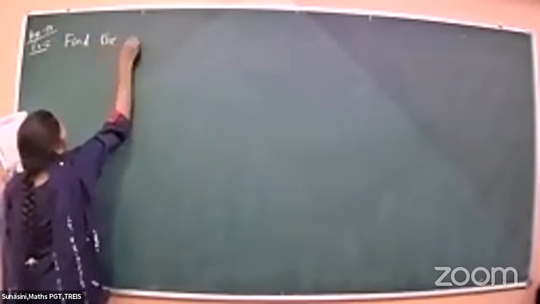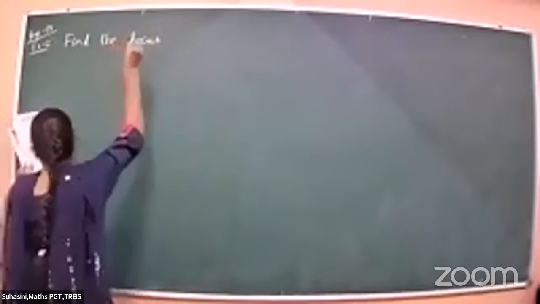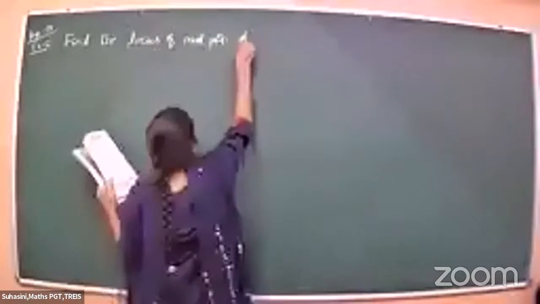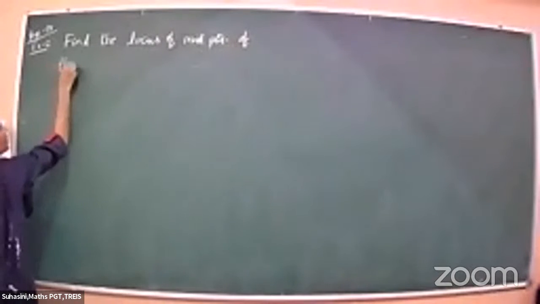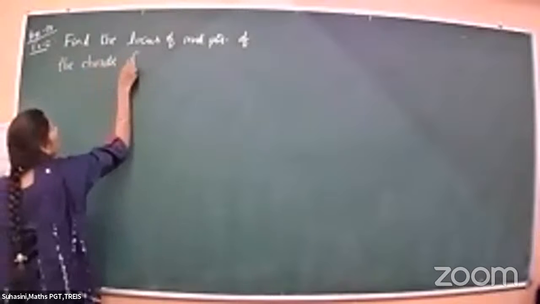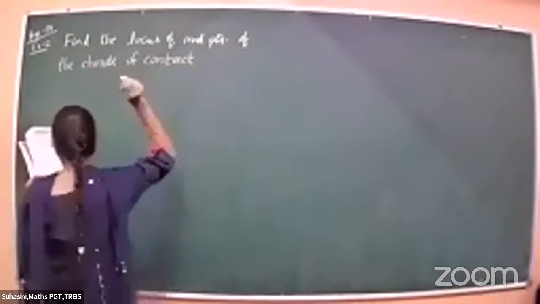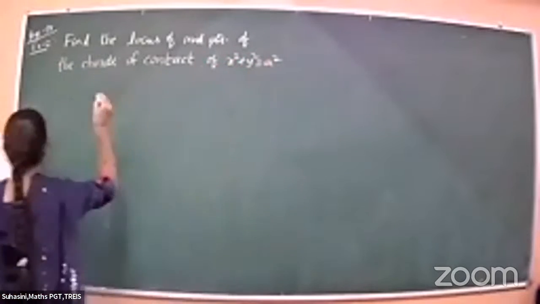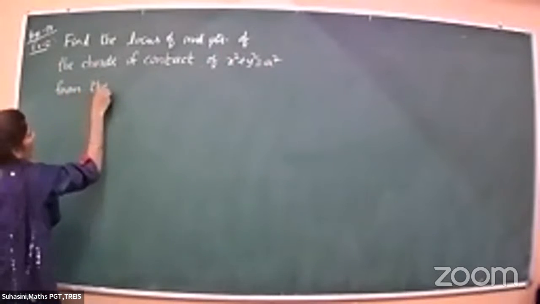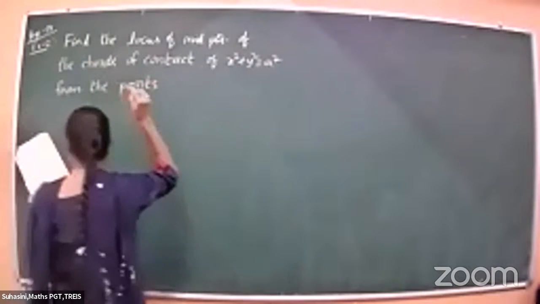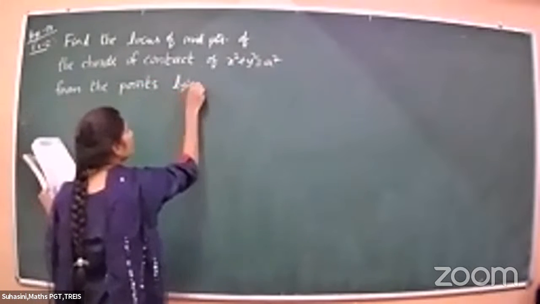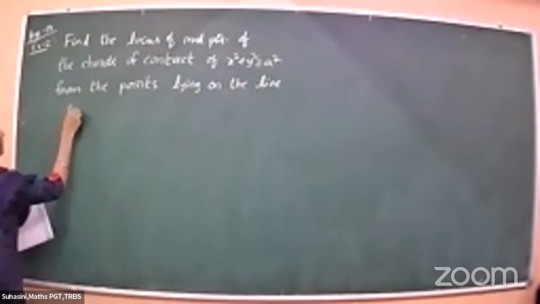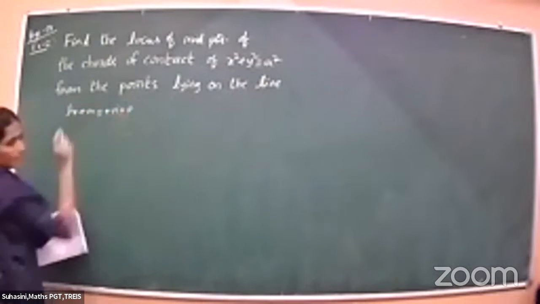Find the locus of midpoints of the curves of contact of x square plus y square is equal to a square from the points lying on the line lx plus my plus n equal to 0.